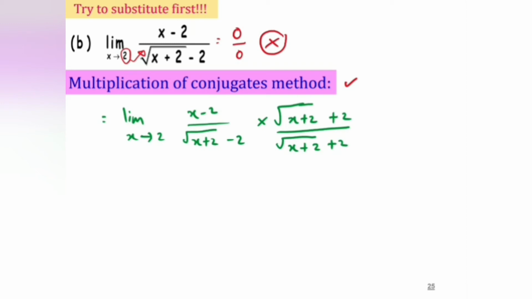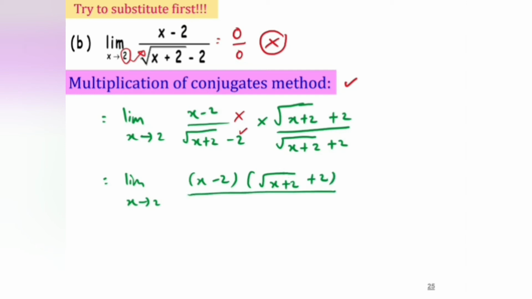And remember, I've told you the tips just now that we need to expand the part where you have the square root originally. The part you don't have the square root, no need to expand. So for this question, we need to expand the denominator, no need to expand the numerator.